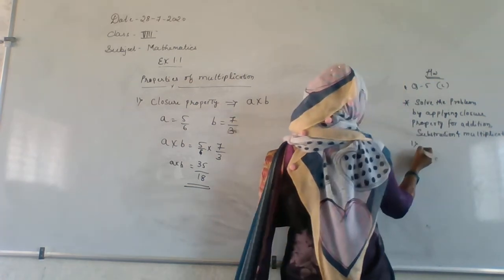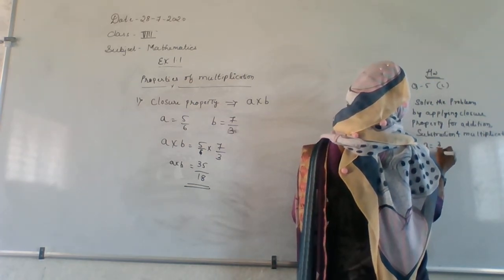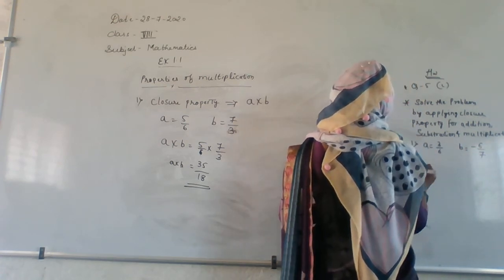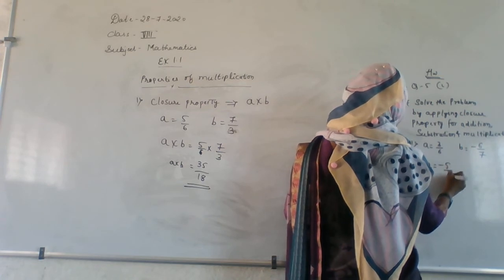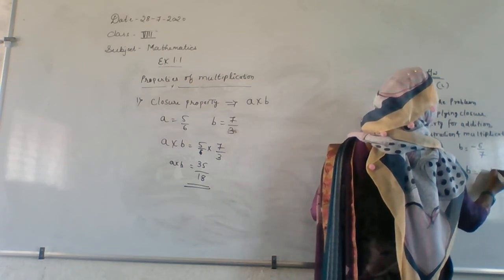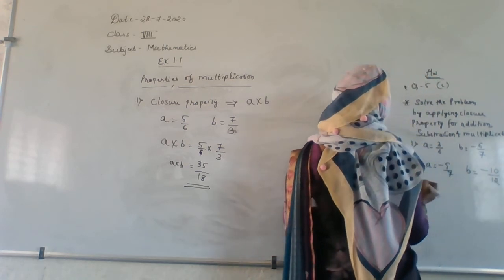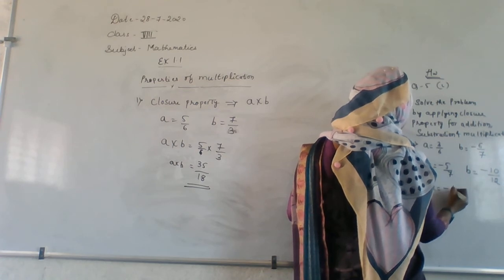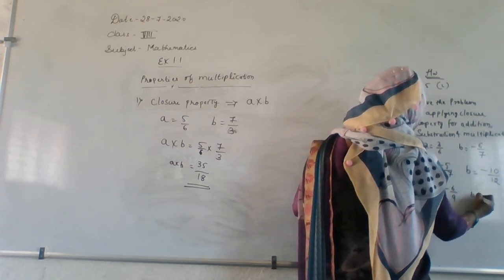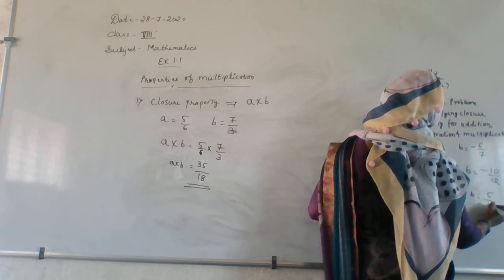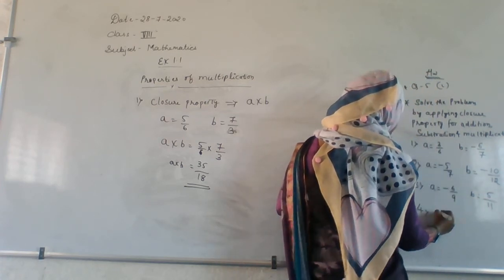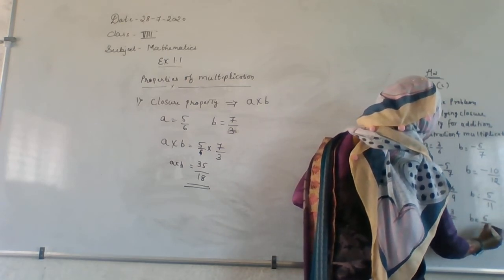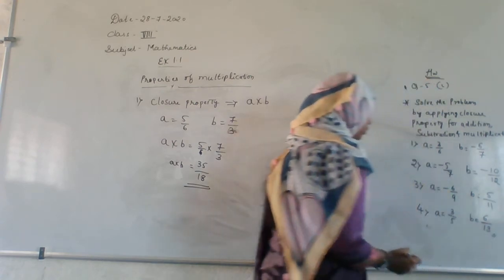The first one is A equal to 3 by 6, B equal to minus 6 divided by 7. Second one, A equal to minus 5 by 7 and B equal to minus 10 divided by 12. Third one, A equal to minus 6 by 9 and B equal to 5 divided by 11. And fourth one, A equal to 3 by 5 and B equal to 6 divided by 30.